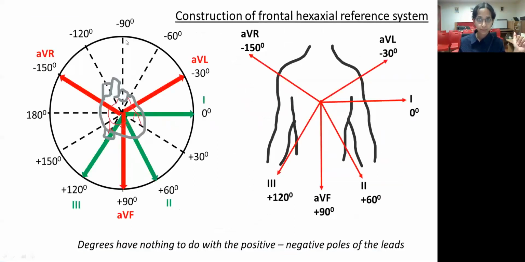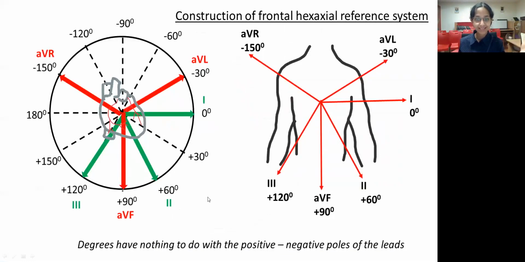Now, we have this frontal plane and it's termed the hexaxial reference system. Why hexaxial? Because you have 6 leads. This is lead 1, this is lead 2, this is lead 3. This is AVR, this is AVL, and this is AVF. And we have given them some degrees.